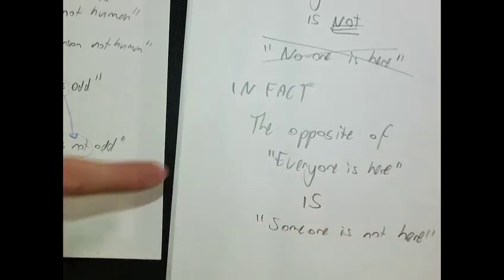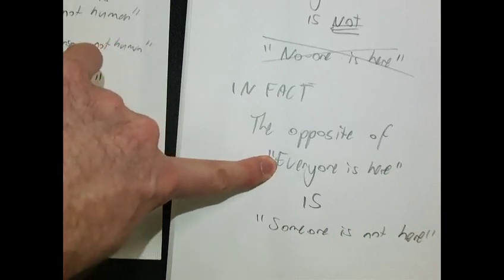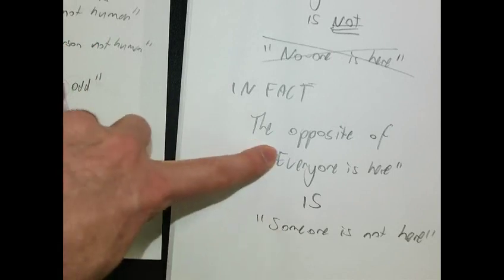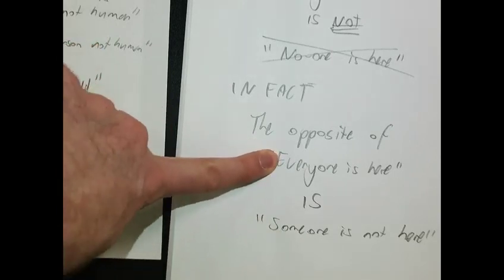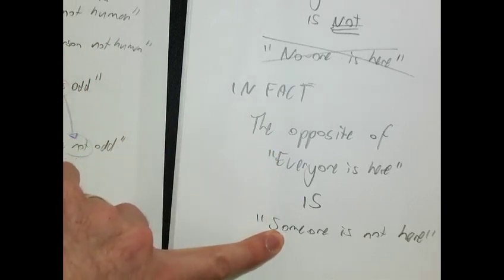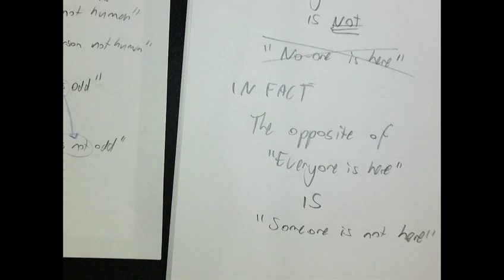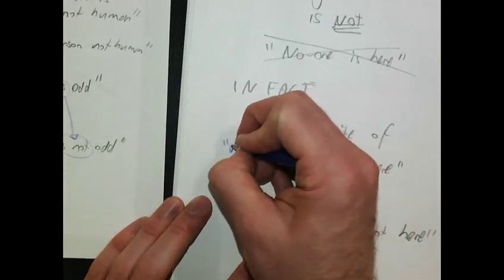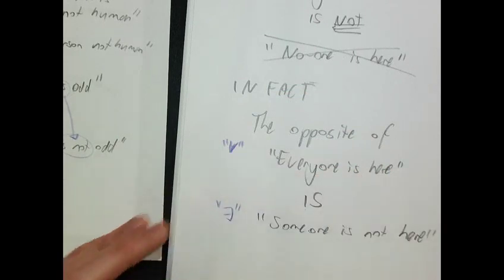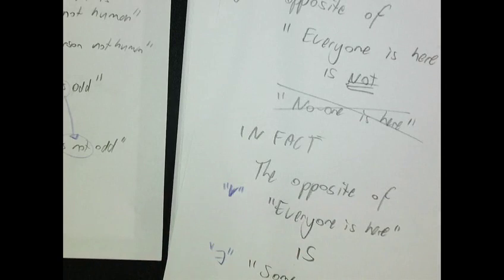And so that's saying for all, and this is saying there is. This is saying for all people the people are here, and this is saying there is a person who isn't here. Okay, so this is a for all sort of statement, and this is a there exists sort of statement. It just takes some getting used to.